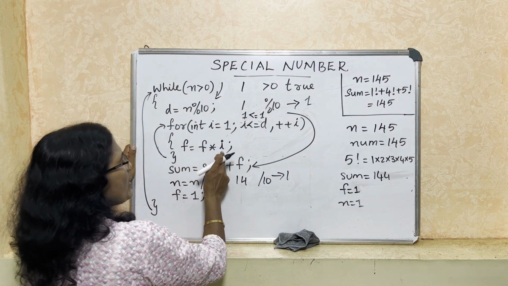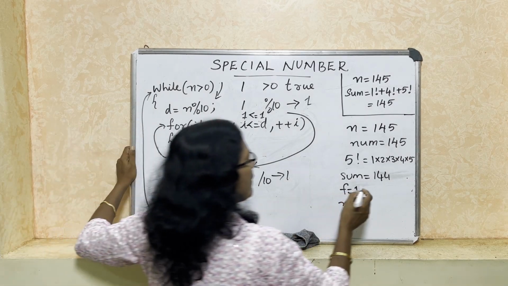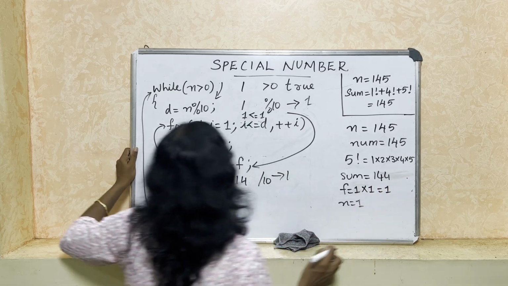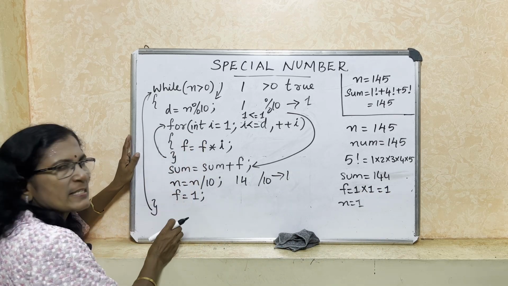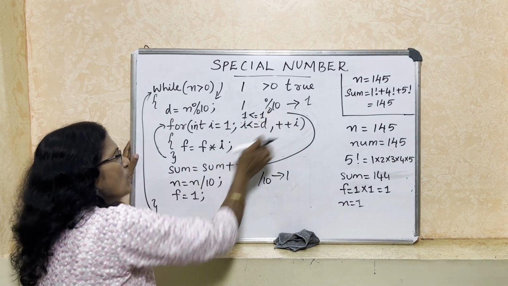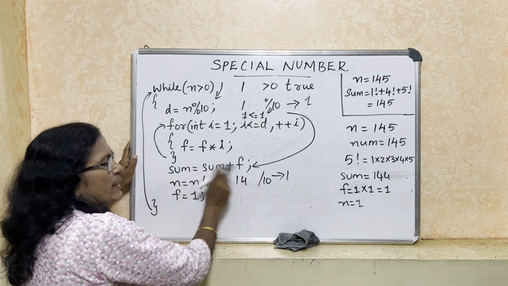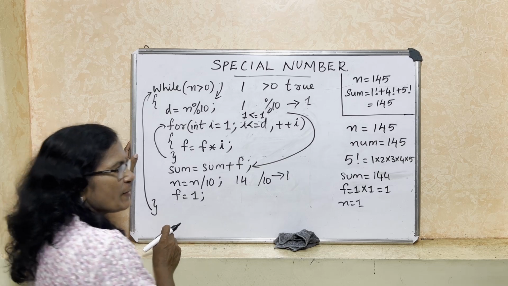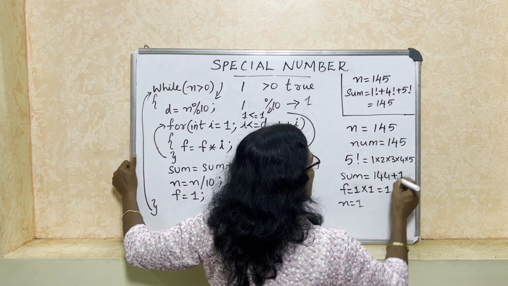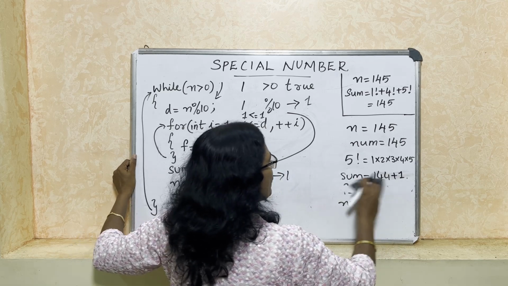So F is equal to F into I is calculated. F is already 1, 1 into 1 is 1. The for loop completes its iteration when the value of I becomes 2. Control goes out, sum is equal to sum plus the calculated factorial. 144 plus F, that is 1, which is equal to 145.